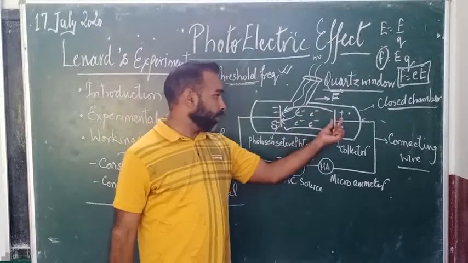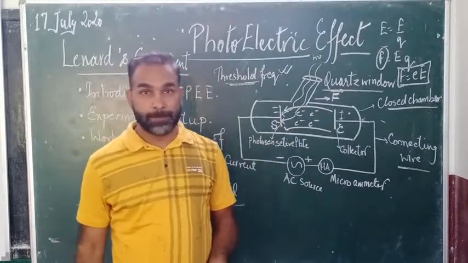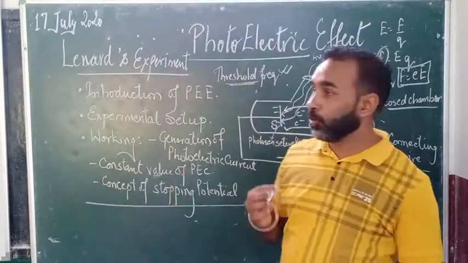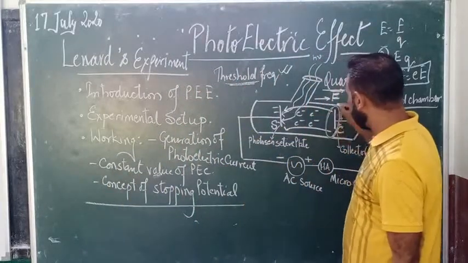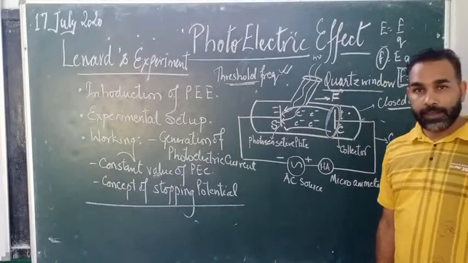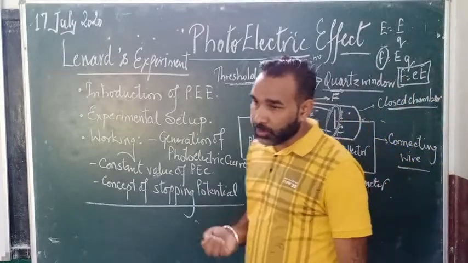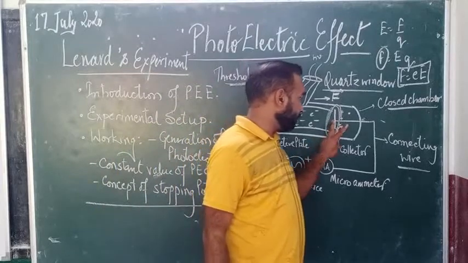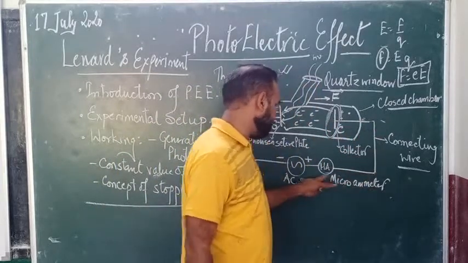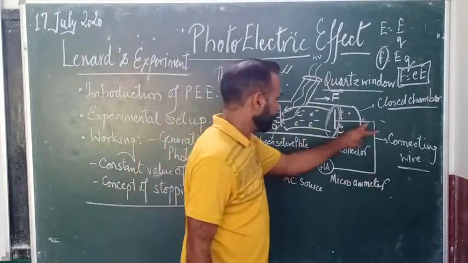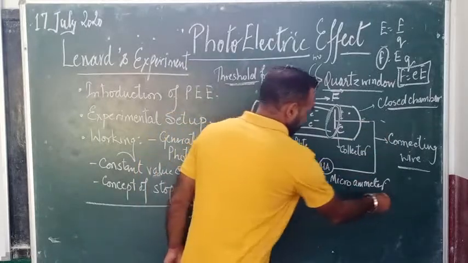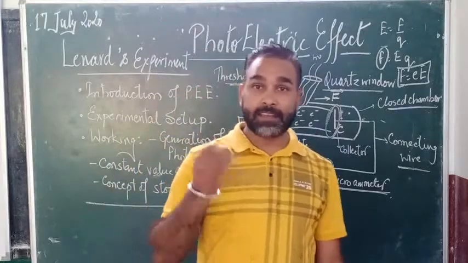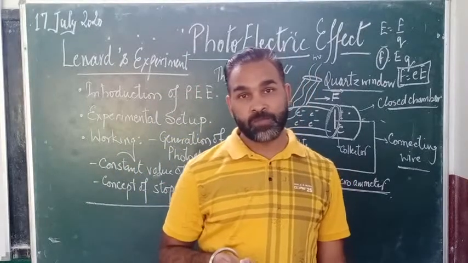So they start moving towards the collector plate and they accumulate over here. As soon as the accumulation of electrons starts, the movement of electrons starts in the outer circuit, and electrons move from this side to this side, and the microammeter shows the reading, and the current starts flowing.